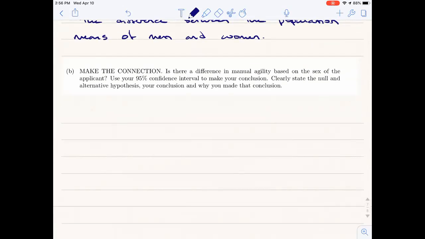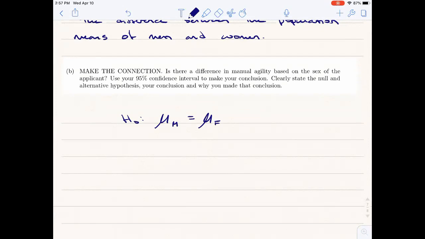So is there a difference? Use the 95% confidence interval to draw your conclusion. And so our null hypothesis, if we've decided that we have two sample means that we're dealing with, is going to be that mu m is equal to mu f, right? Using those question-specific subscripts, just so our comparisons make sense.